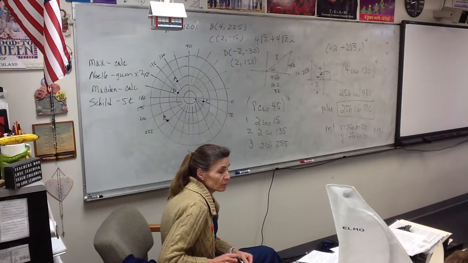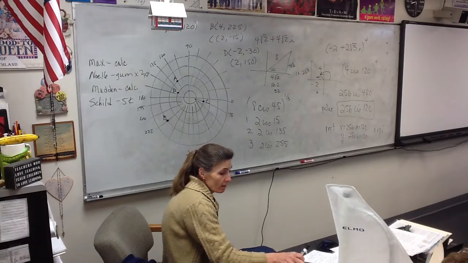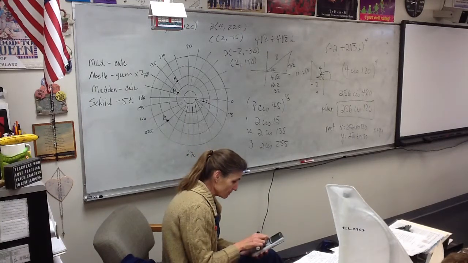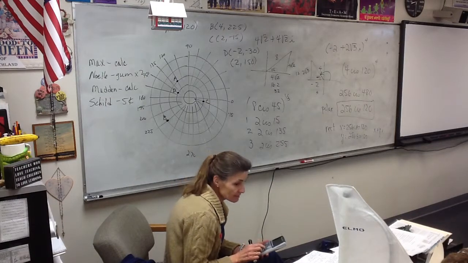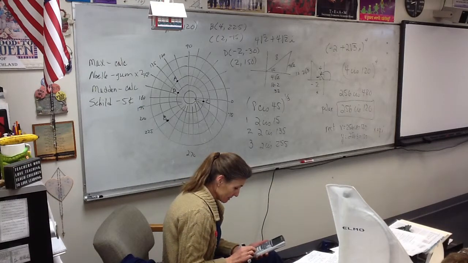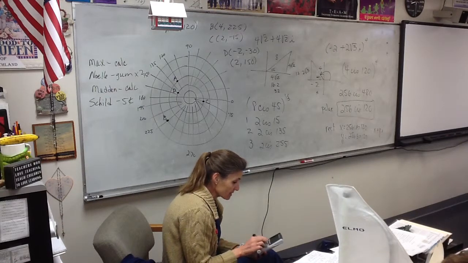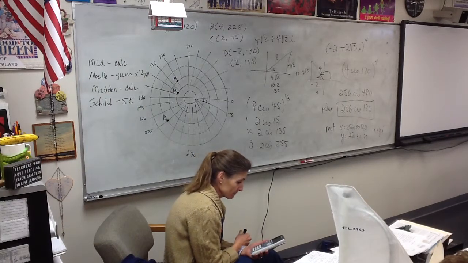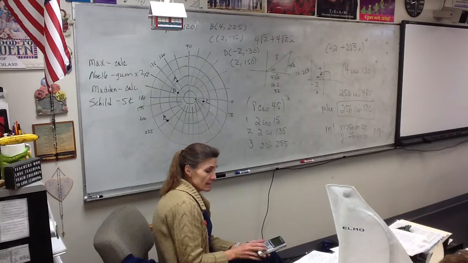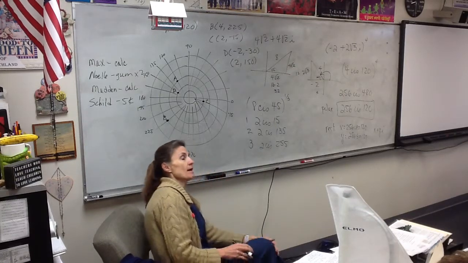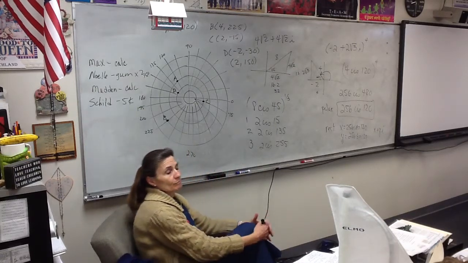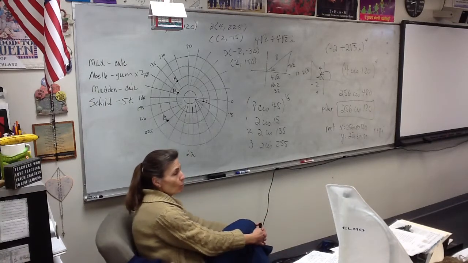No, actually, I got one. Did you get a 3-leaf rose? Good. All right. What's the next one? It's a limaçon. So let's graph it and see if we can get a nice little limaçon. Is this limaçon a cardioid? No. Why not?